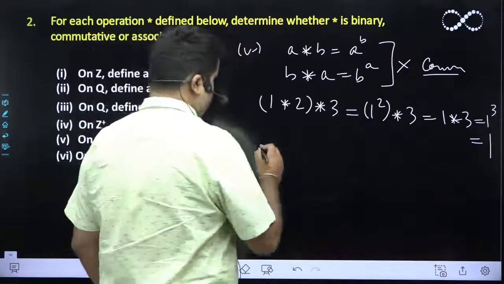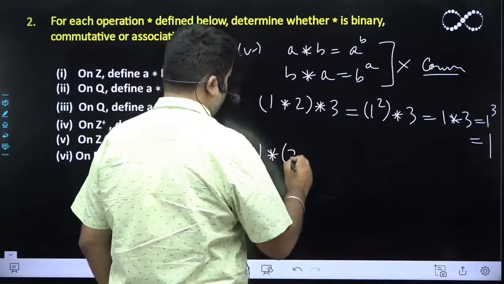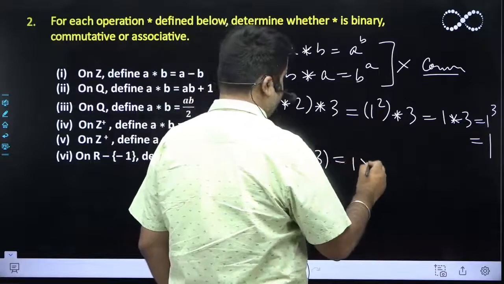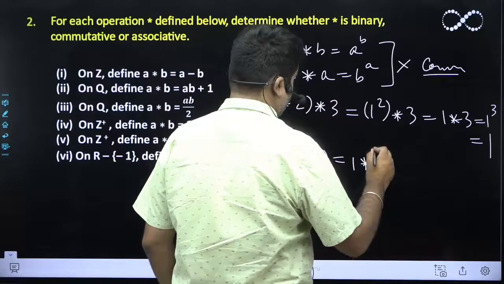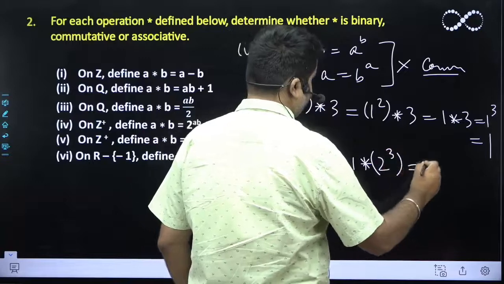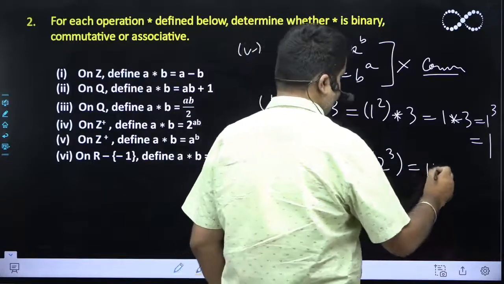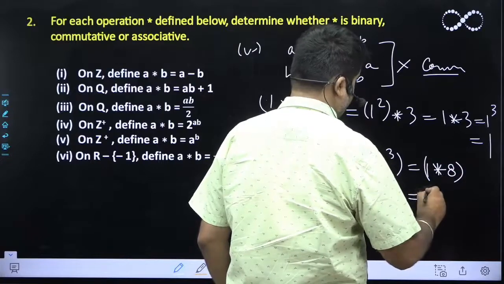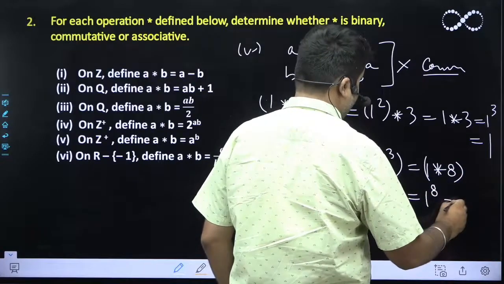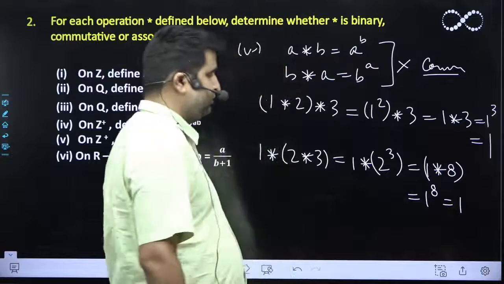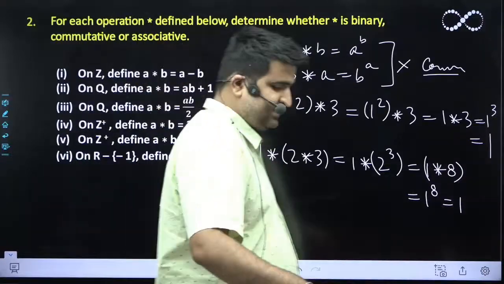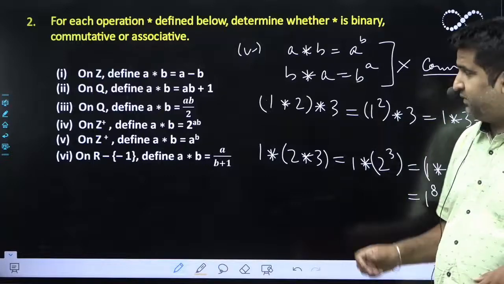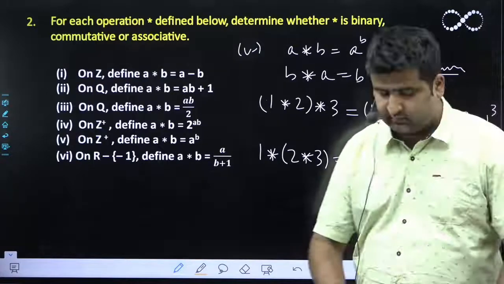What is 1 star 2 star 3 the other way? So this is equal to 1 star 2 to the power 3, 1 star 8, 1 to the power 8 is equal to 1. So in this case, this is getting satisfied, but will this be satisfied for all the cases?